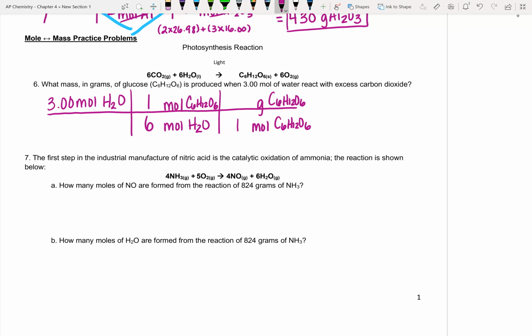The molar mass of glucose is 180.18 grams. When I solve this problem, I will round my answer to 3 significant figures. Rounding my answer to 3 significant figures, I get 90.1, and after my units cancel, I have grams of glucose.